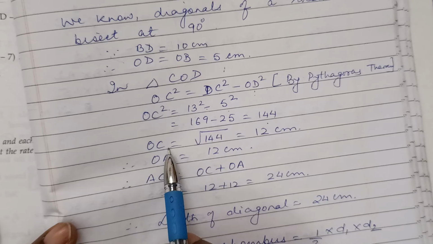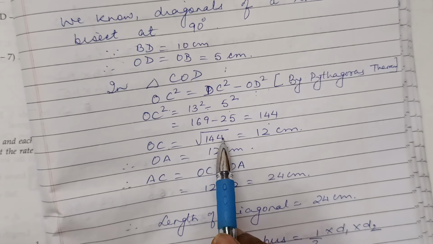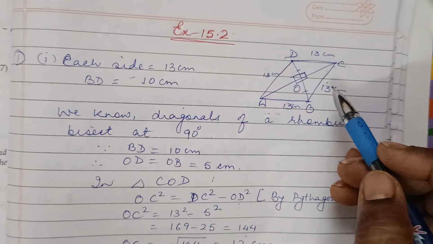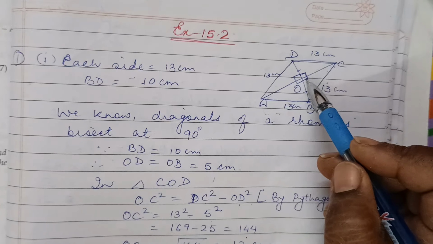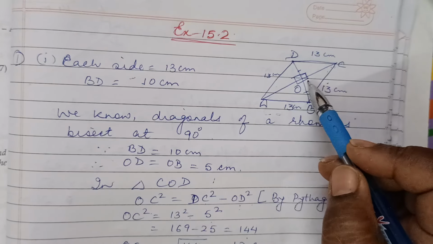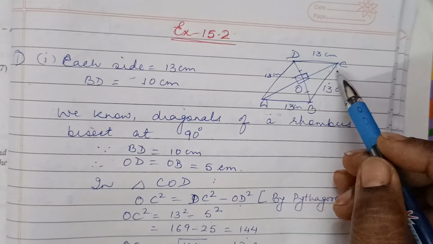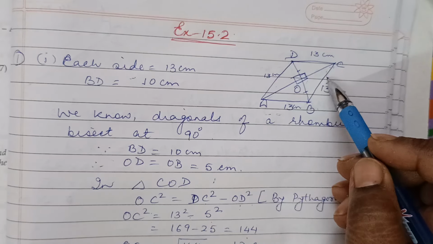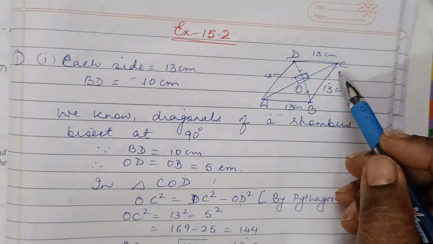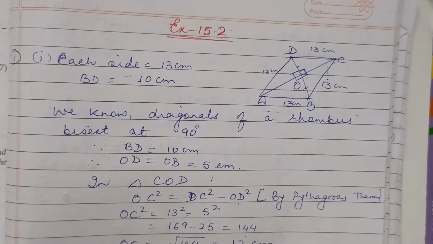So OC is under root 144, which is equal to 12 centimeter. Now we know that the diagonals bisect each other, so if OC is 12, OA will also be 12. So AC is 24 centimeter. So the length of the diagonal AC is 24 centimeter.